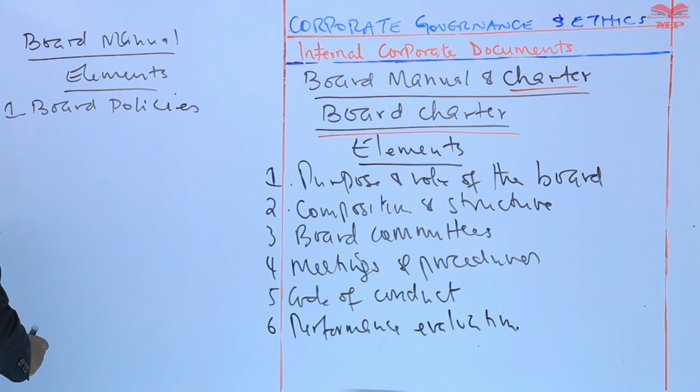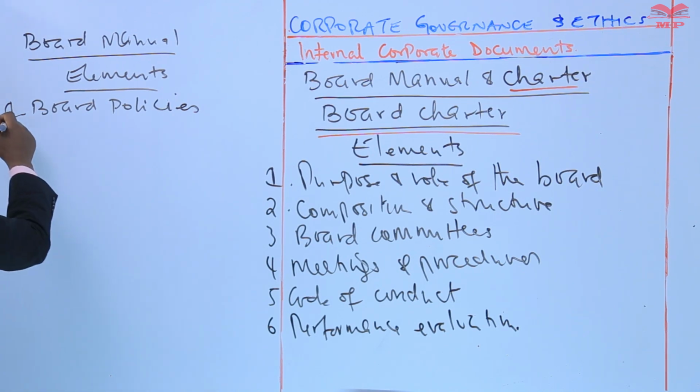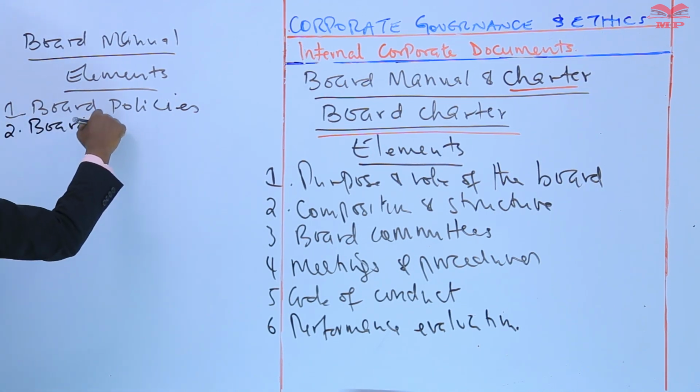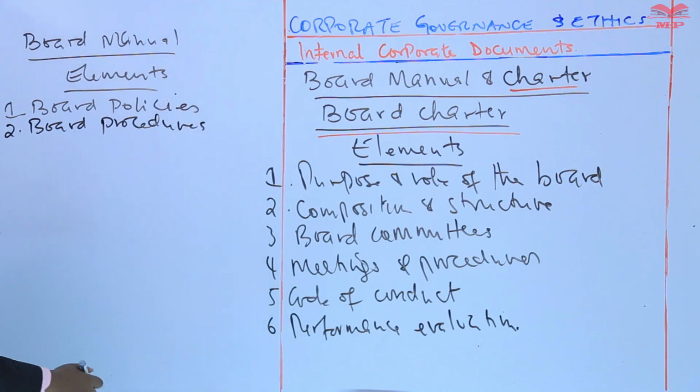Number 2 is board procedures. These are step-by-step procedures for conducting board meetings, preparing agendas, making decisions, and so on.